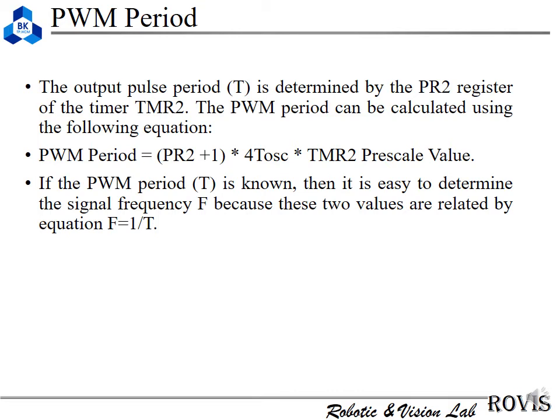So we can summarize that if we want to generate the period for the PWM signal, we will give the value to PR2 here, and then we will follow this equation, and here we have another value, the prescale value. So we can set the period of the frequency based on the prescale value here.